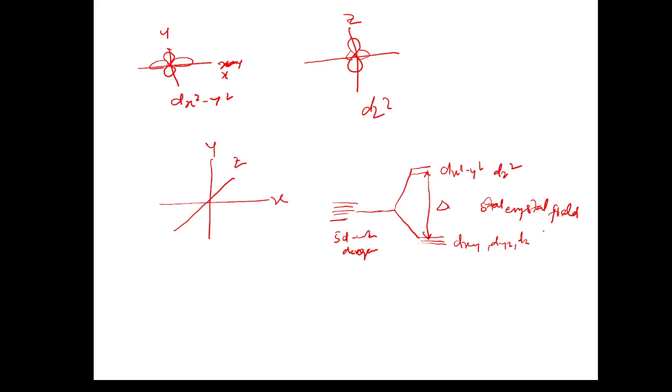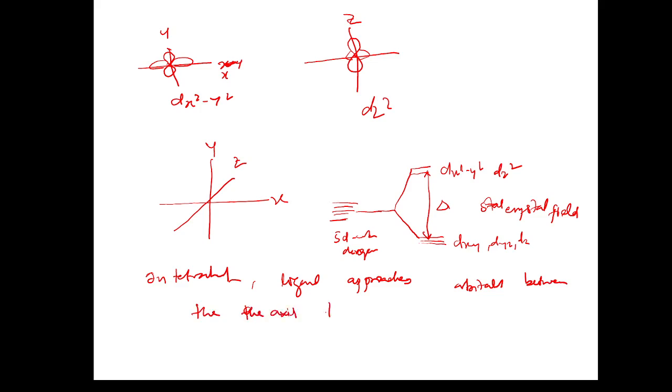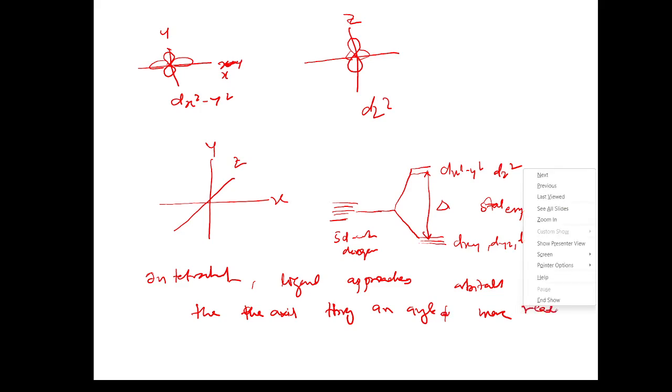So in tetrahedral, what happens? In tetrahedral, ligands approach the orbitals between the axes, through an angle, more readily than along the axis.